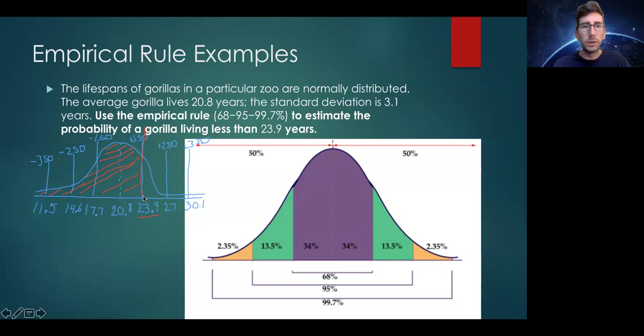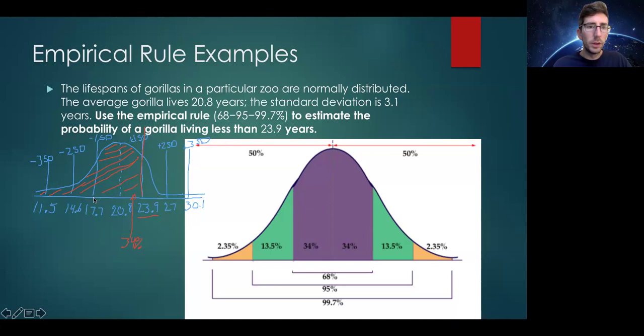So all we have to do is add these percentages over here that we've also marked on our distribution. So we've gone one standard deviation above the mean. So this piece is 34%.